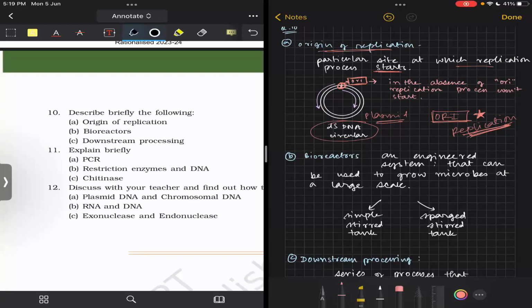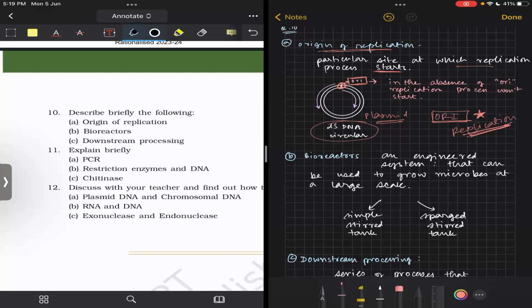So for the replication process to occur, ORI is very, very important. And we have to keep this in mind while using a plasmid for recombinant DNA technology, because suppose the plasmid does not have an ORI, but we're using it.